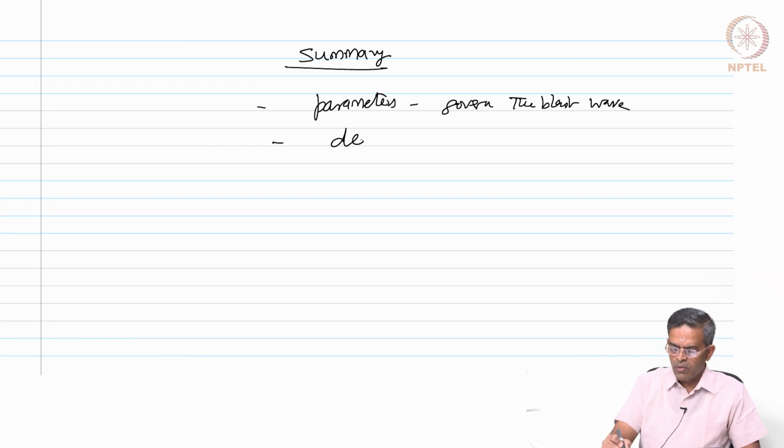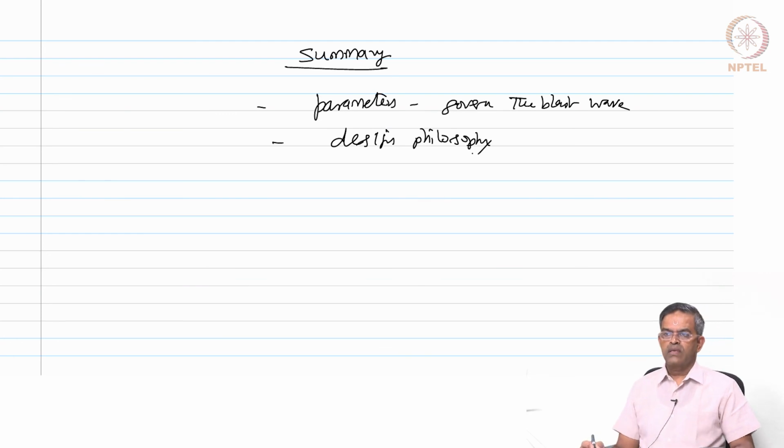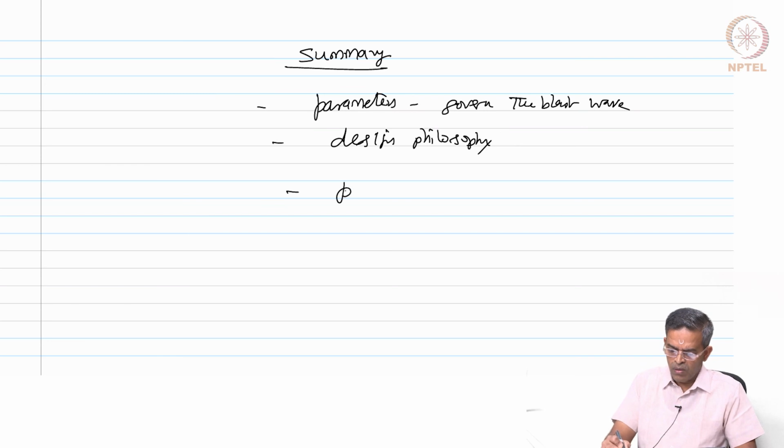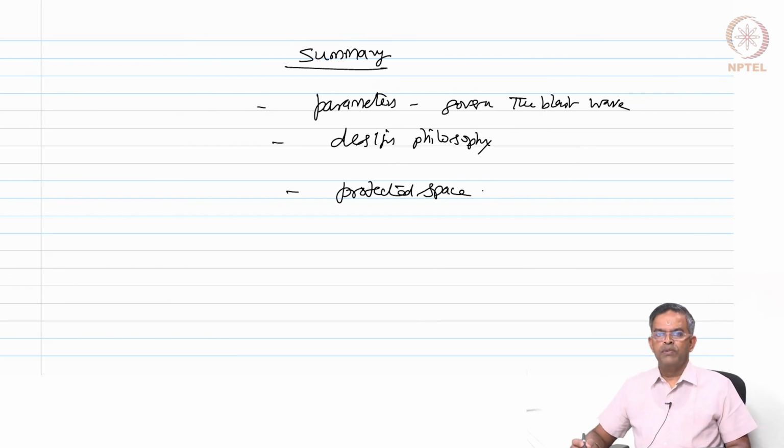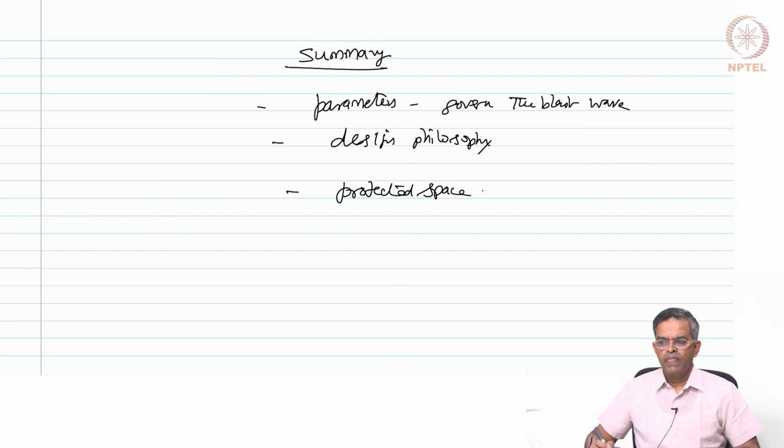We also learnt about the design philosophy of blast resistant design and how the flexible units are better. We have also learned something called protected space and where and how a protected space should be used in a blast resistant design structure. We will see further details in the next lecture about the blast resistant design.